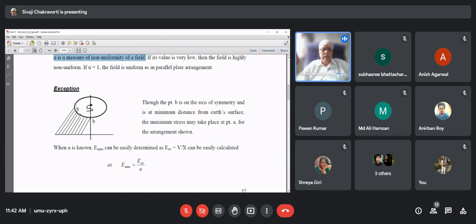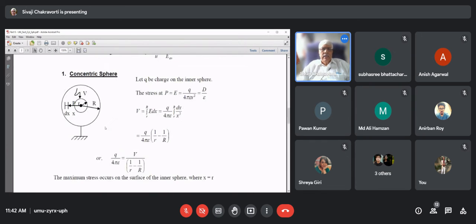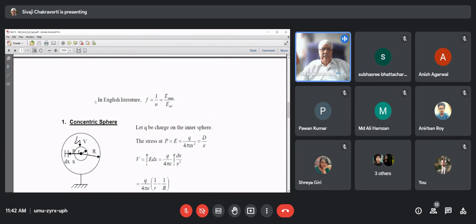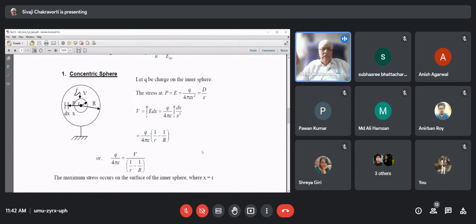So here the maximum stress will come at point A. By the way, in some literature there is something called the field factor, which is just the reciprocal of the utilization factor. That means here we take the ratio as E max by E average.